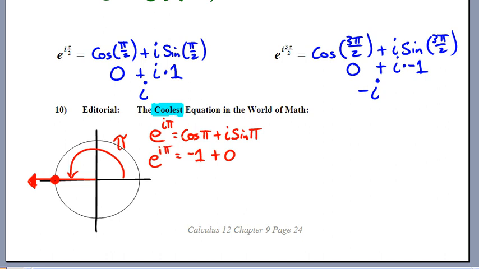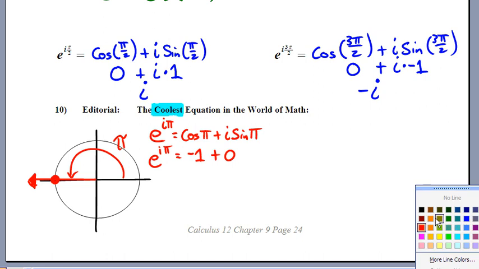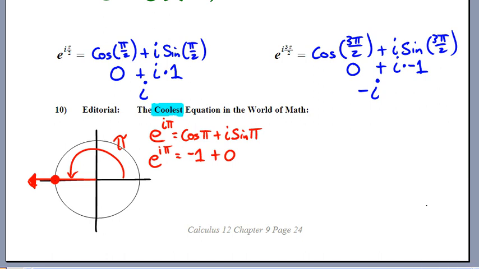Now, you want to make the coolest equation ever? Just move the negative 1 to the left. And you end up with e to the I times pi add 1. Believe it or not, that exponential is negative. I know all year long I've been saying exponentials could never be negative. Yeah, with real numbers going in on the exponent. But with that exponent, e to the I pi is a negative 1. And so if I add 1 to it, I get back to 0.